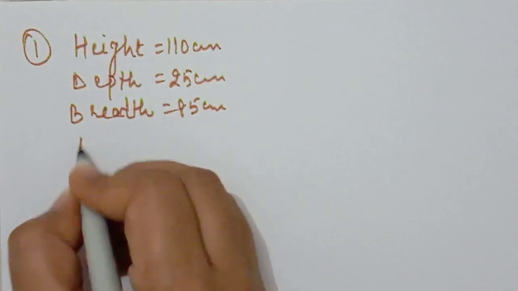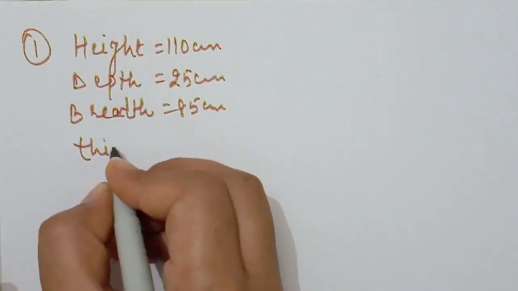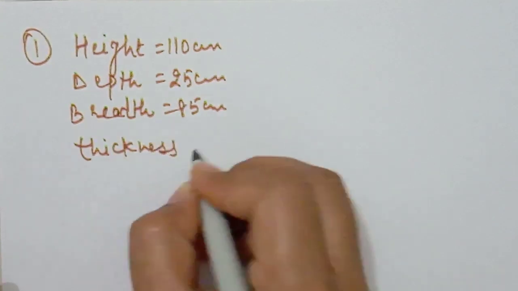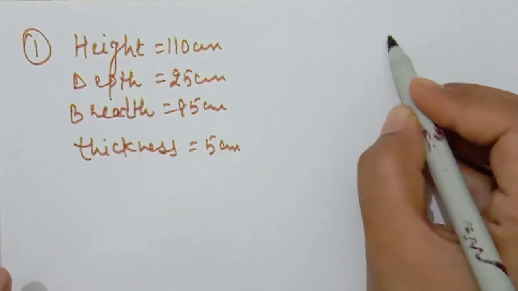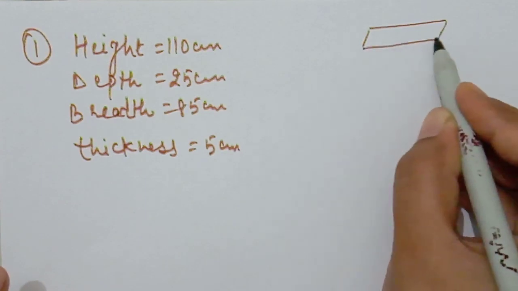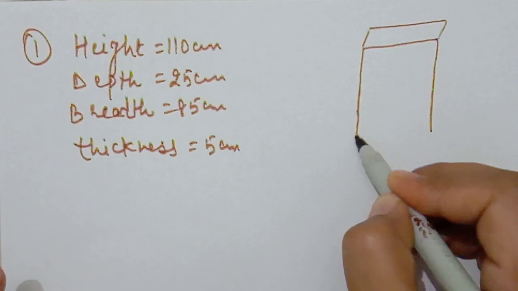The thickness of the plank, the board which is used in that almirah, is 5 centimeter. Students, it is very difficult to explain this question like this, but I am trying, so you have to pay attention.